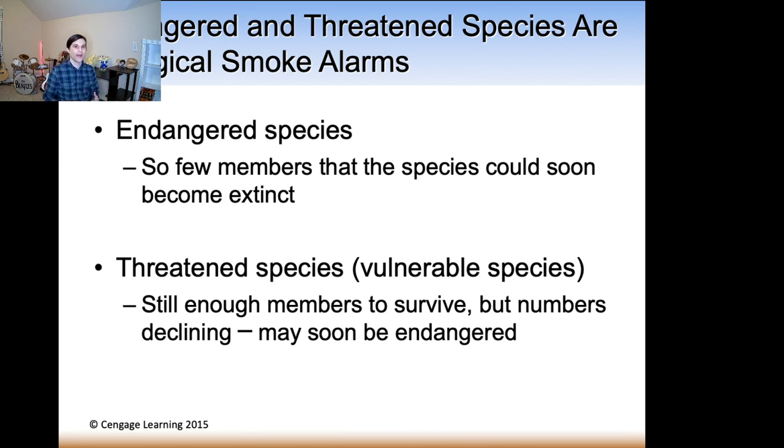There are enough of them around that they're able to fulfill their role in the environment, that they're able to breed, they have high genetic diversity and things like that, but their habitat is shrinking, and the numbers that were once historically there are now shrinking. They're going down to a point where if this trend continues, they will hit the endangered species mark, where they might not have enough of them to maintain that population in the wild without our help. So endangered and threatened species are flags, if you like, red flags on the play that indicate something's wrong, that we really need to pay attention to as humans.